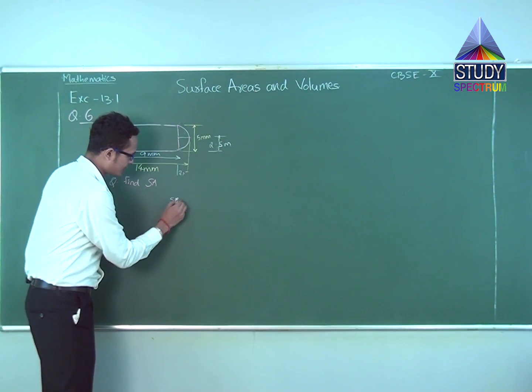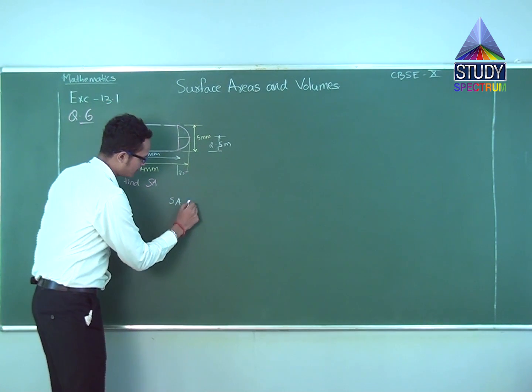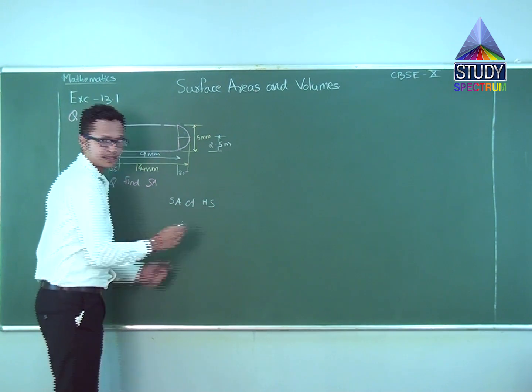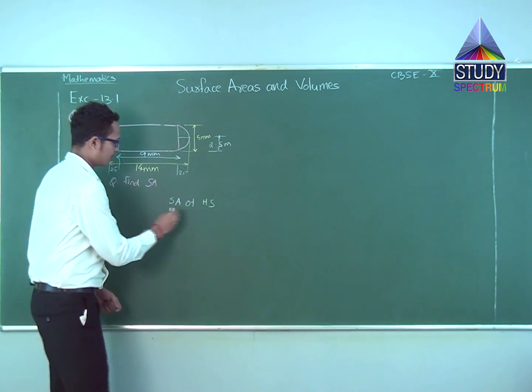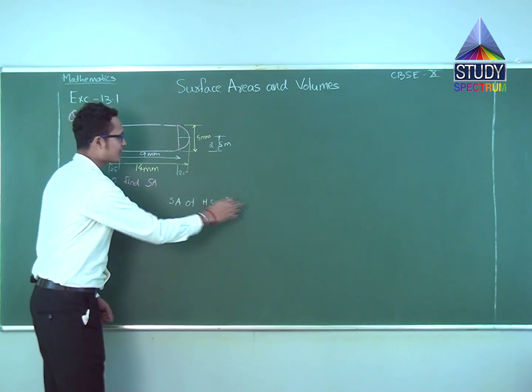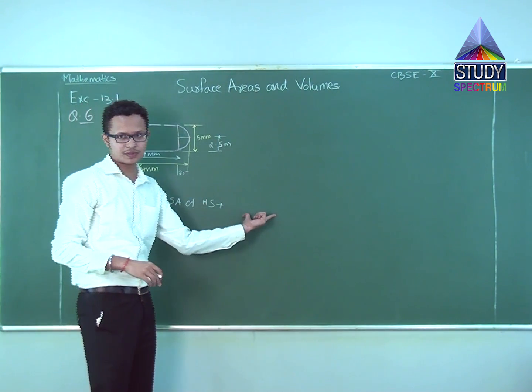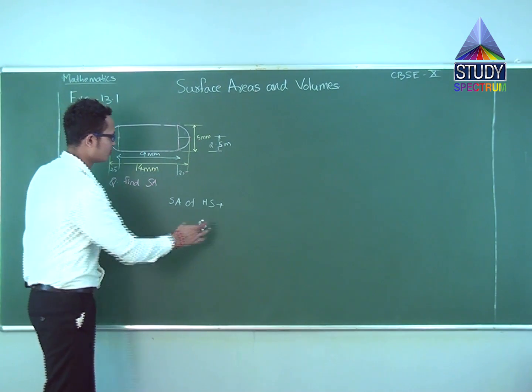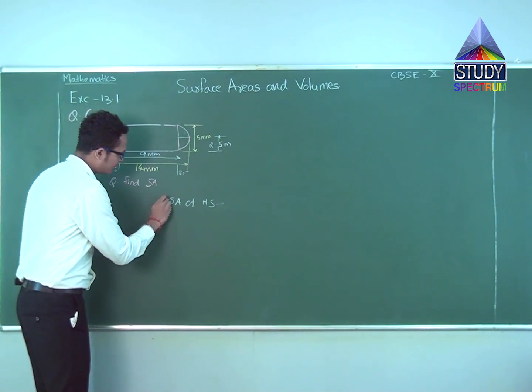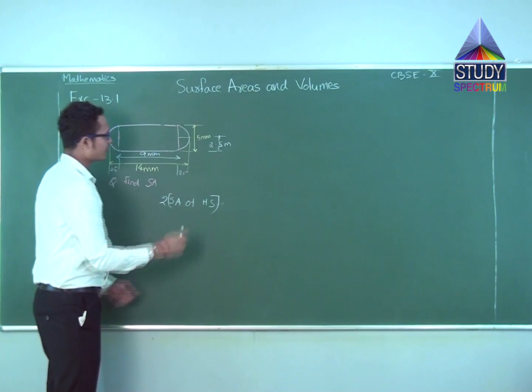Now, surface area of hemisphere, HS stands for hemisphere here, plus surface area of hemisphere. Instead of writing surface area of hemisphere plus surface area of hemisphere, I can just multiply by 2 because the dimensions of both the hemispheres are the same.